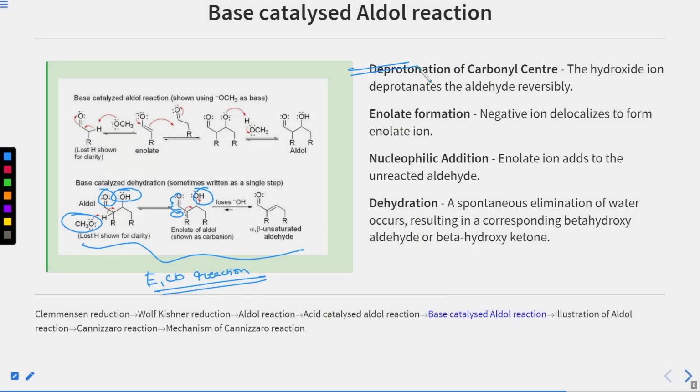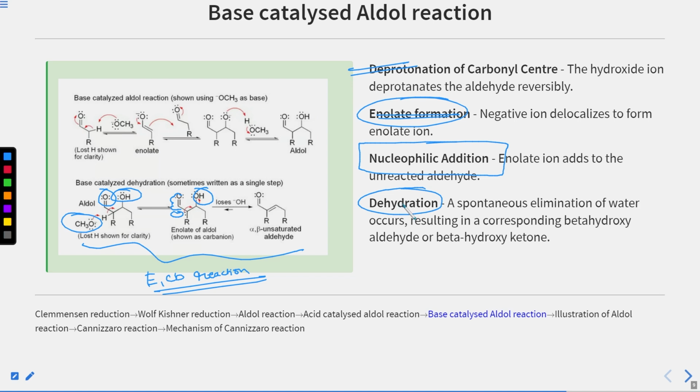First, deprotonation. If you contrast it to the acid catalyzed, it was protonation rather than deprotonation. Then it was enol formation; in case of base, it is enolate formation here. The next thing is the same, that is the nucleophilic addition. Both undergo the same thing, and the dehydration also takes place.